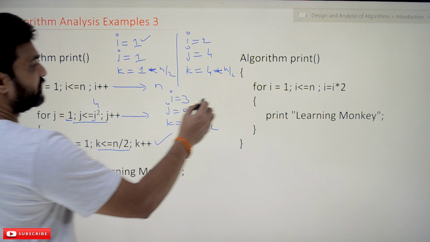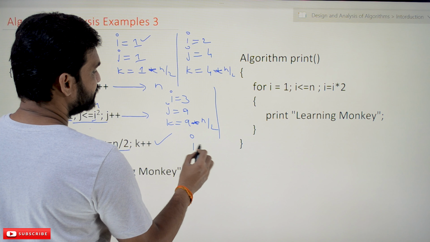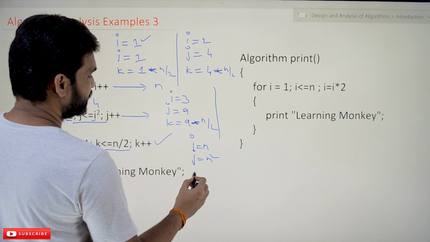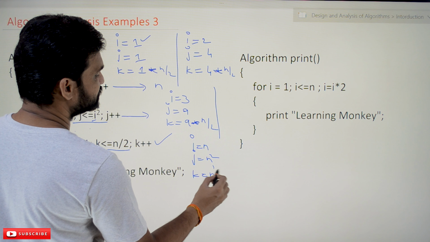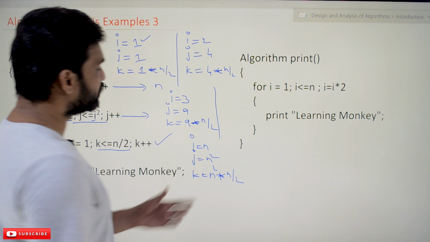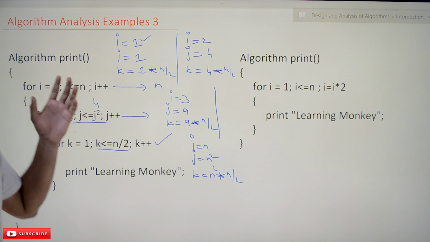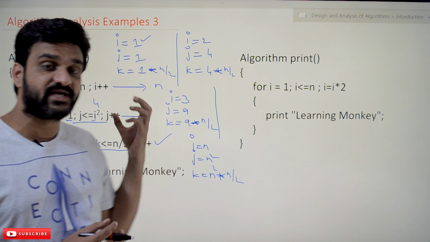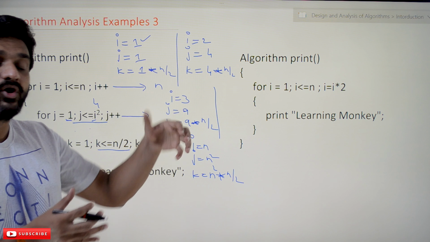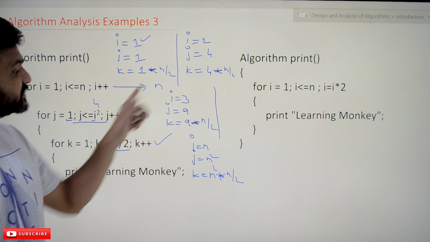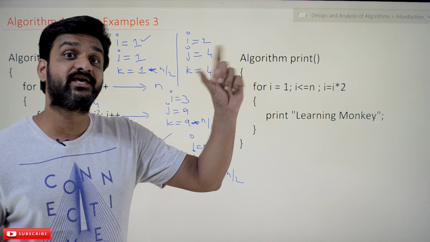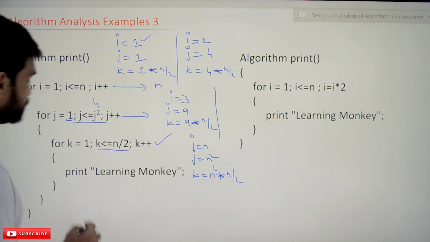And what about the value of i equal to n? If the value of i is equal to n, j is equal to n square, and k is going to iterate for n square into n by 2. And now how can we evaluate the higher order term of this entire set of possibilities? We have to add all those k values, and from that we are going to get the higher order term.